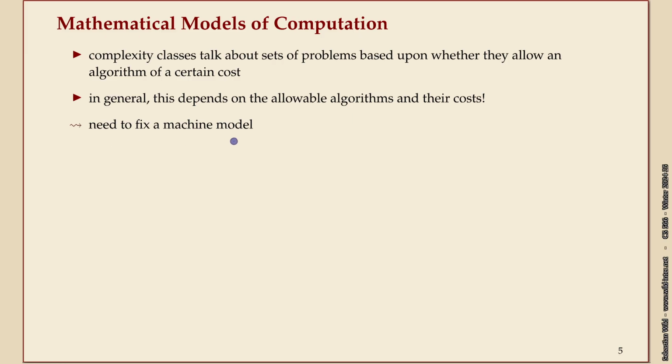And so we have to fix a specific machine model. It turns out that the question of P and NP is very robust against many of these changes and will make sense irrespective of many of the specific definitions. But you still need to pick some of the definitions to get started, and then you can prove that other models are not much different.